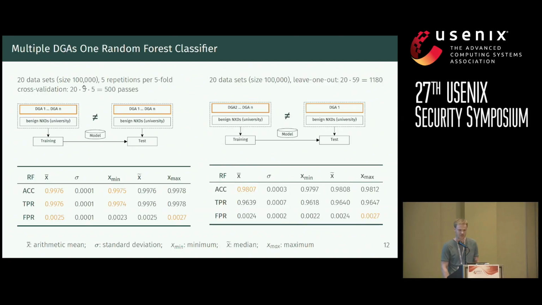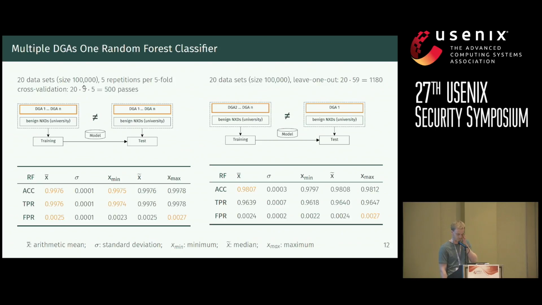The second experiment had the goal to test FANCI's capabilities in detecting domains of previously unknown DGAs, and for this we again used 20 fresh datasets of size 100,000, and performed a leave one out evaluation for 59 different DGAs, which results in 1,180 passes overall.